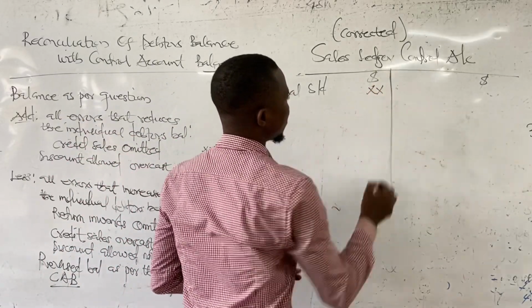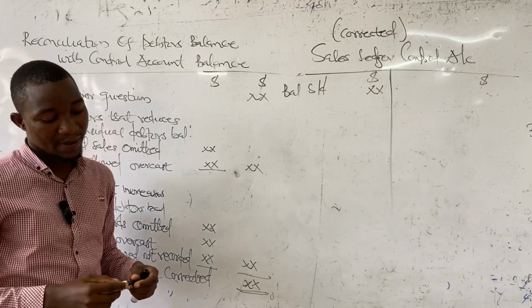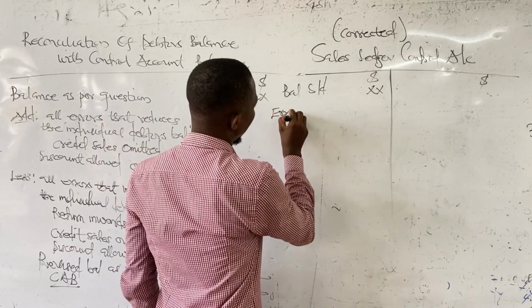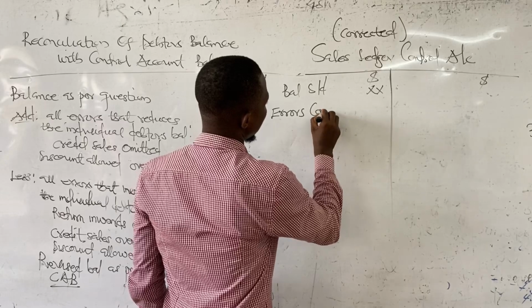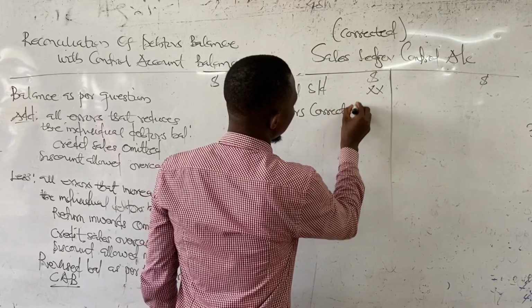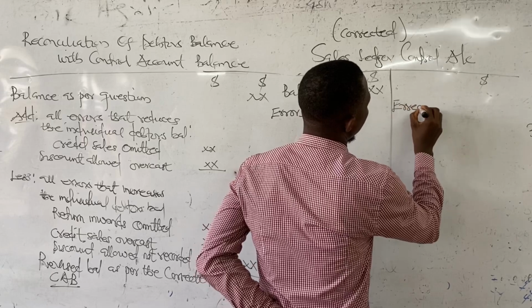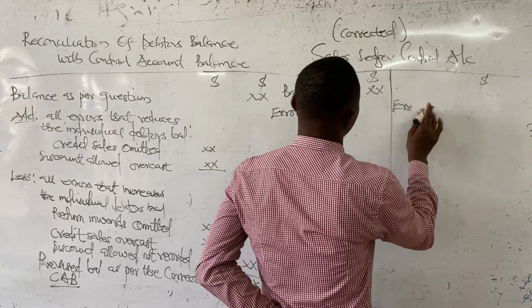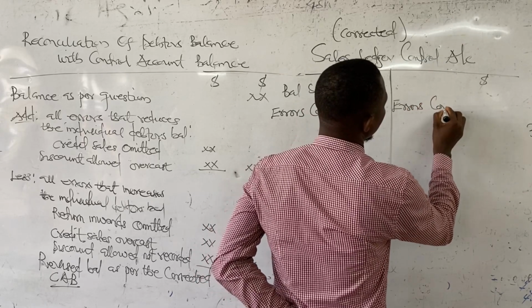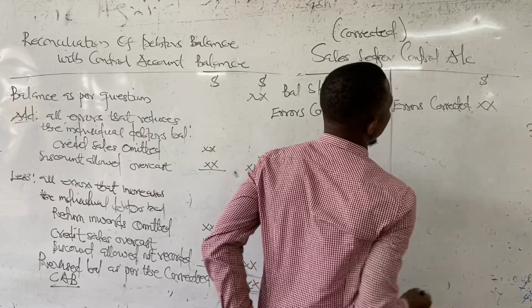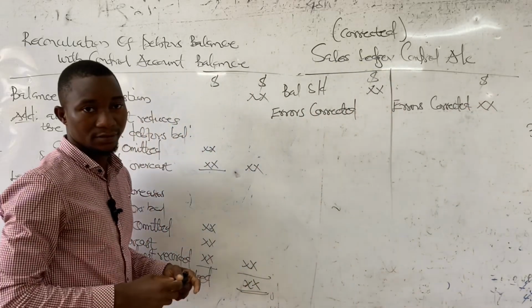The debit side, because they have a natural debit balance, and any error corrected will also come. Errors corrected will also appear at the credit side, and I will explain.